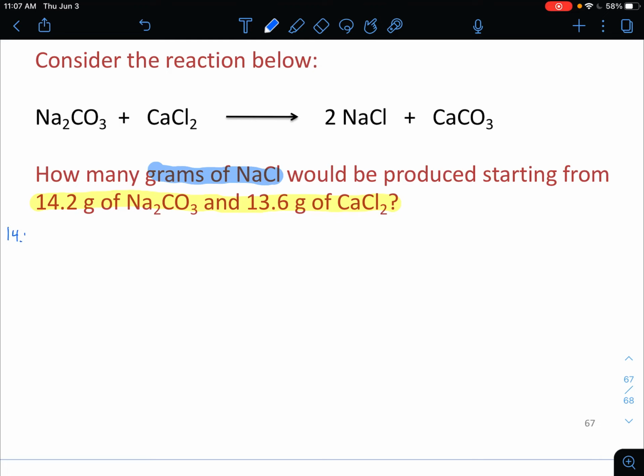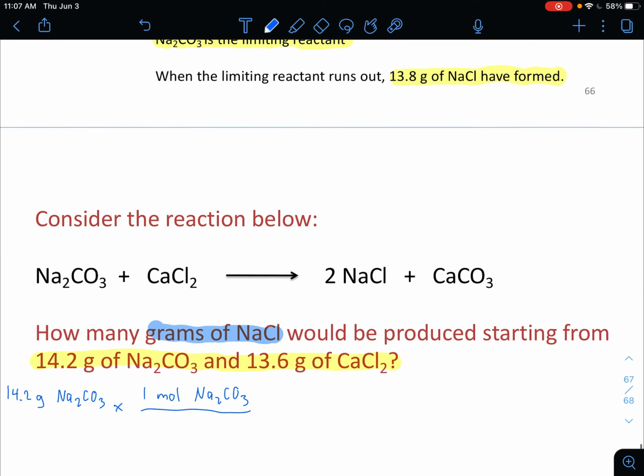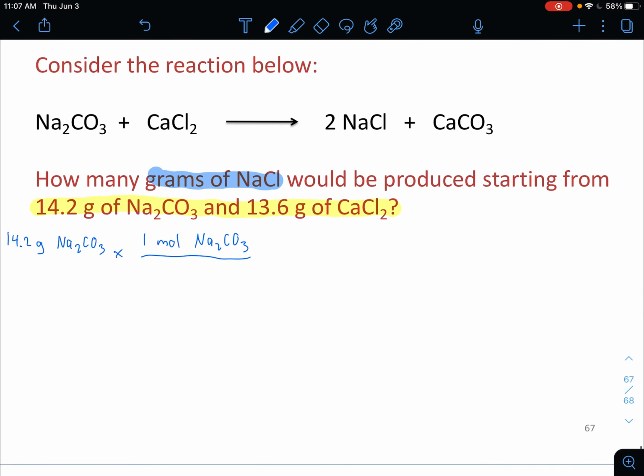So 14.2 grams sodium carbonate, convert that into moles of sodium carbonate. I think that's 105.99. Yes. 105.99 grams sodium carbonate.